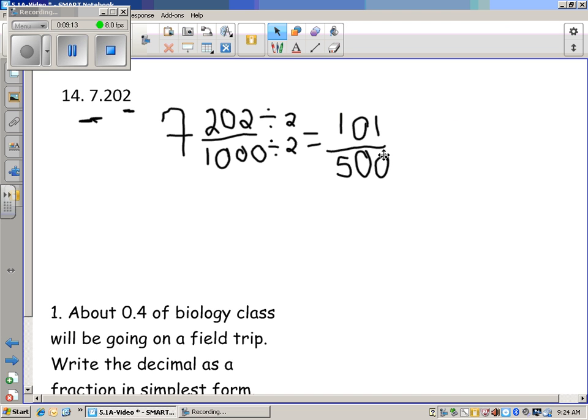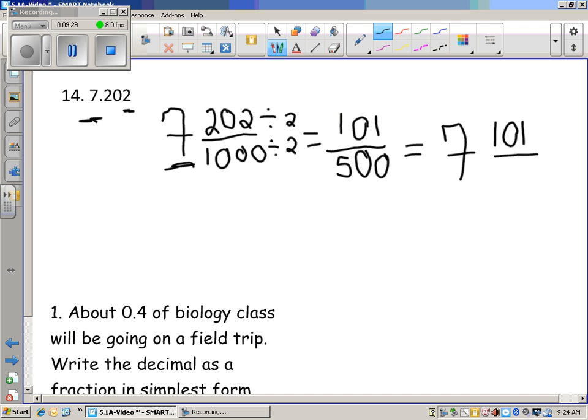But remember, this is not my final answer, even though it is in simplest form, because I'm missing my whole number. So, final answer would be 7 and 101 over 500. That will be our final answer.